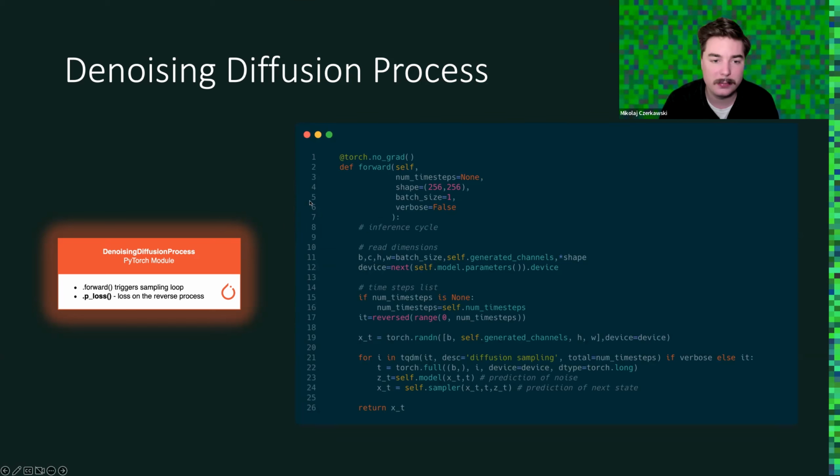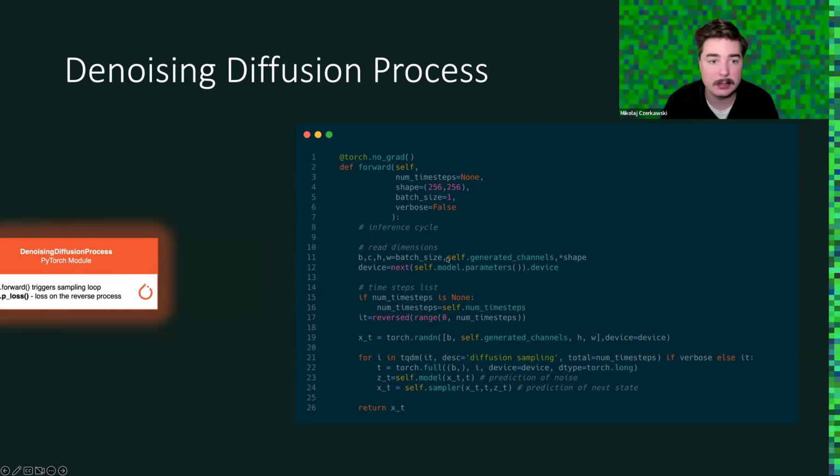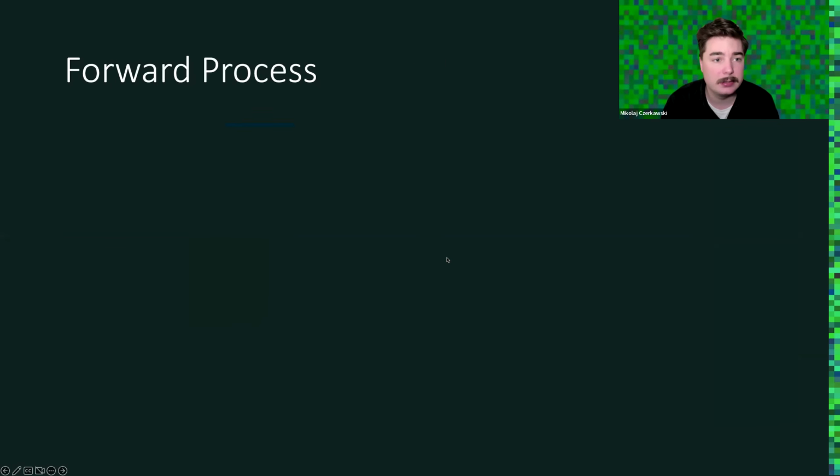So it goes through the full inference cycle. There's a range of time steps. It reverses that, so we go from the very last time step to the very first. We start with a random xt sampled from a pure Gaussian distribution. And then we use our sampler to step through the reverse process. Okay. So that's the denoising diffusion process.